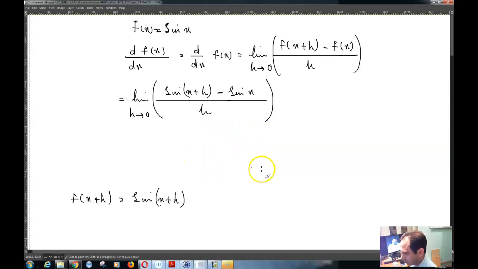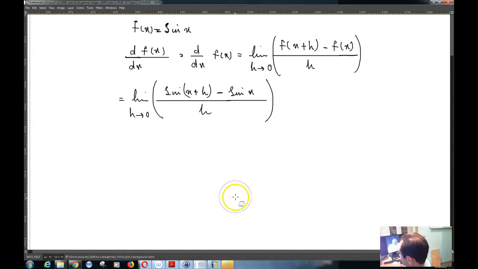Okay, so now you need to use a formula over here in trigonometry, sine a minus sine b. Let me see what that is. I don't really know. I mean, I know, but I have, of course, forgotten.